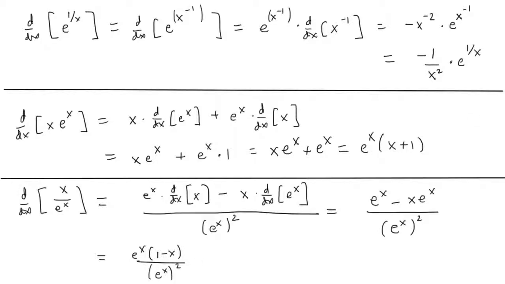Then I can cancel one of the e to the x factors, because this is like y over y squared. If you simplify, you just have a y in the bottom. So here we'll have 1 minus x on top and just e to the x on the bottom.